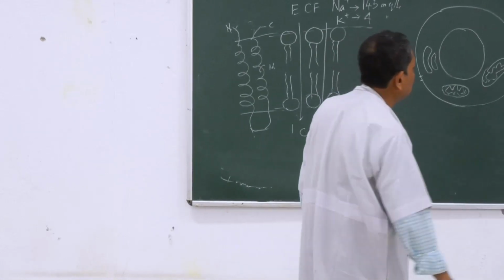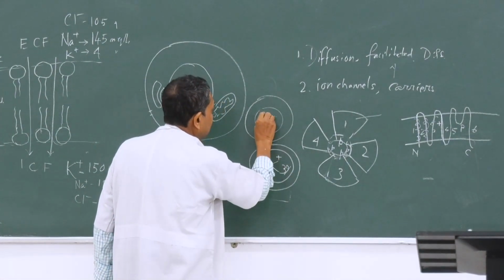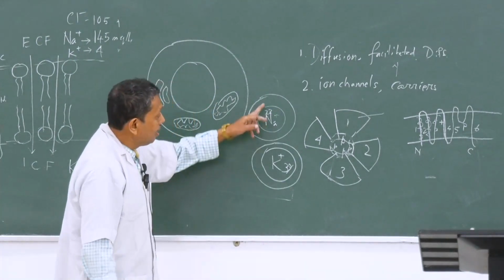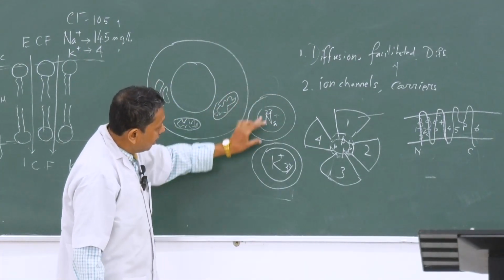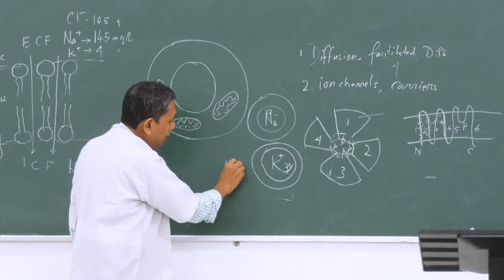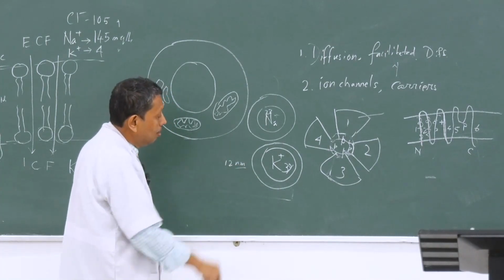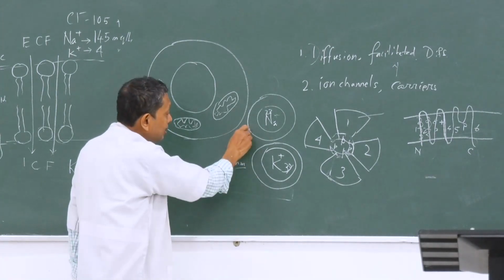Suppose potassium ion, atomic weight 39, and sodium, 23, but the hydrated part is thicker in the case of sodium. Its dimension is 12 nanometer, like water, and for potassium it is 18 nanometer.